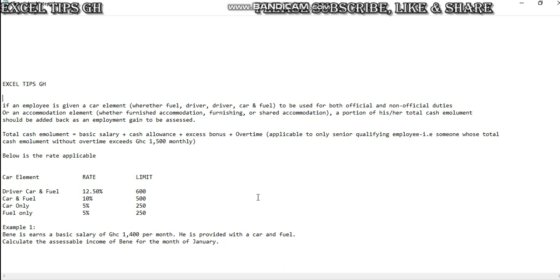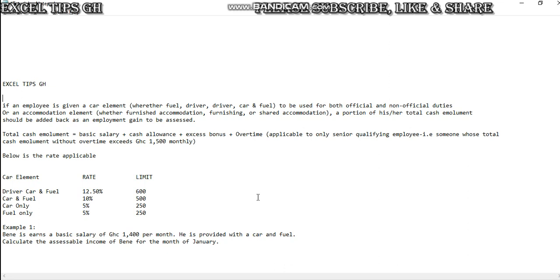You know that the reason why this is done is that it is seen as an opportunity or a benefit that not all employees in the country earn. So if you are fortunate to be given such a privilege, it is equitable.